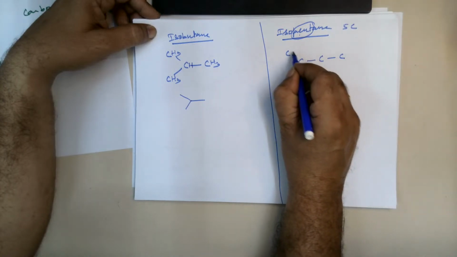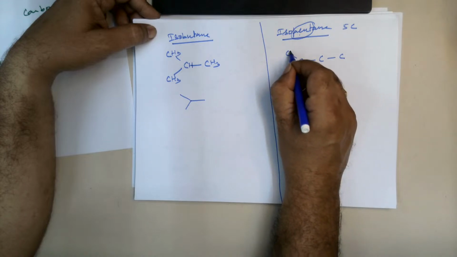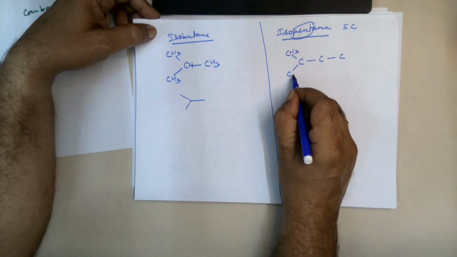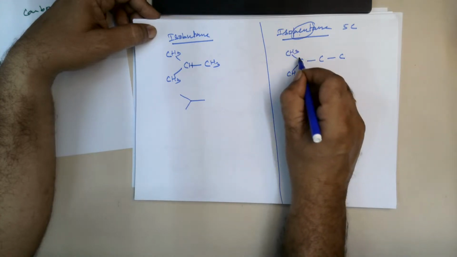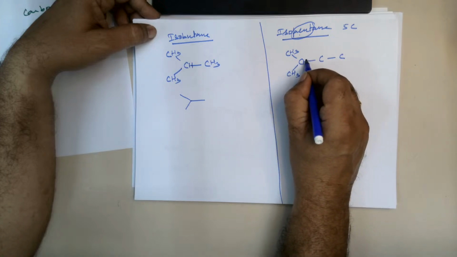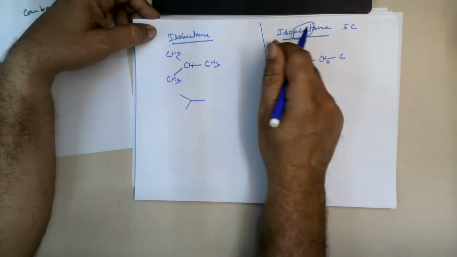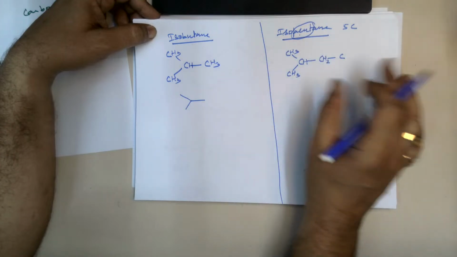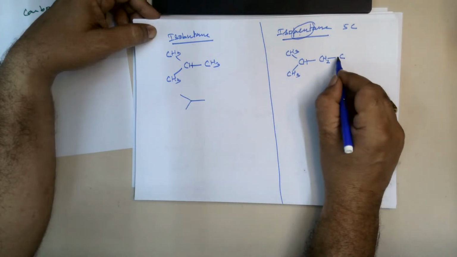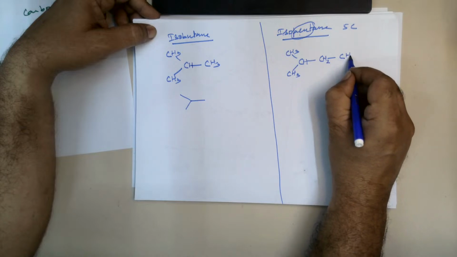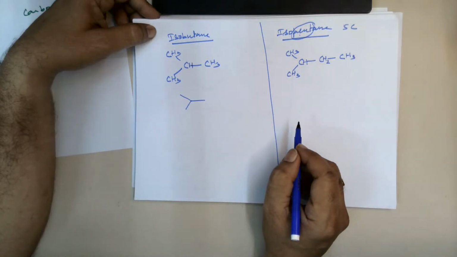Now substitute: this is already 1, so 3 hydrogen. This is 1, so 3 hydrogen. 1, 2, 3, so you can put only 1 hydrogen. 1, 2, you can put 2 hydrogen. Ensure each carbon has 4 valencies, that is 4 bonds. And what about this? The terminal. So being terminal, it is CH3.